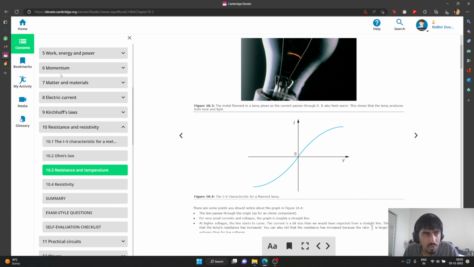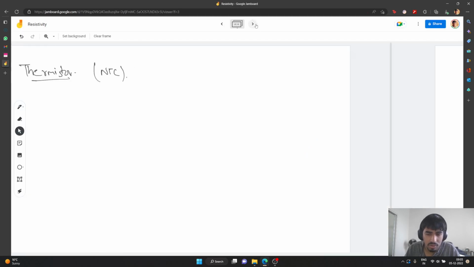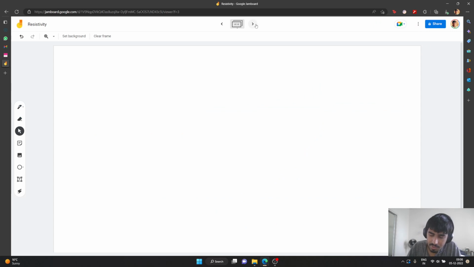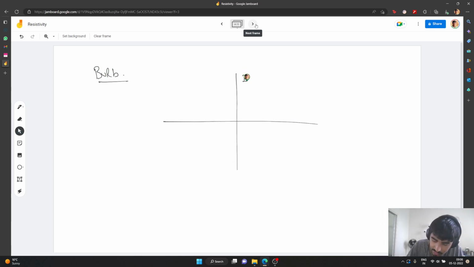So instead of the thermistor, let's first discuss a bulb. It can be any electrical component. They are telling us that the IV characteristic of a bulb looks like this, and it is plateauing at the edges.